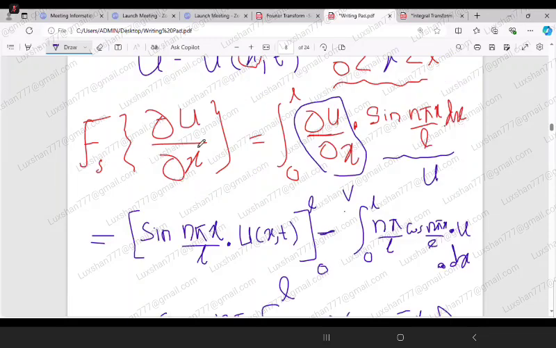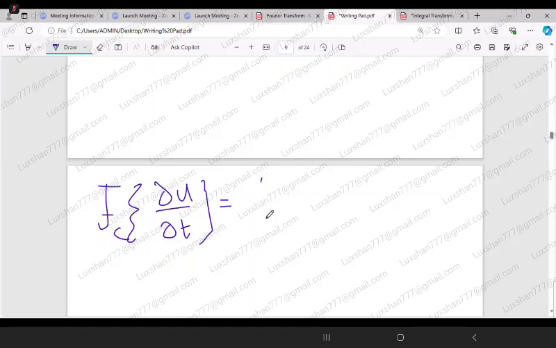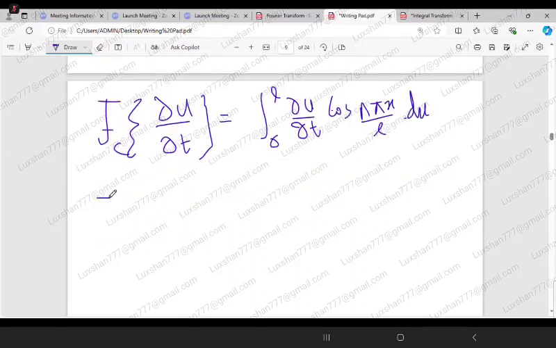Now this is the Fourier sine transform of the first derivative with respect to x. If you talk about the Fourier cosine transform of the first derivative, that is also the same: the integral from 0 to L of ∂u/∂x cos(nπx/L) dx. Again, I take this as my v function and this as my u function.